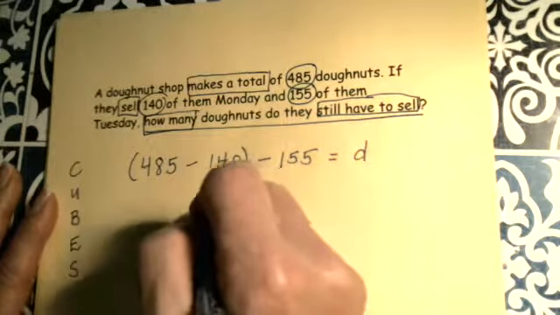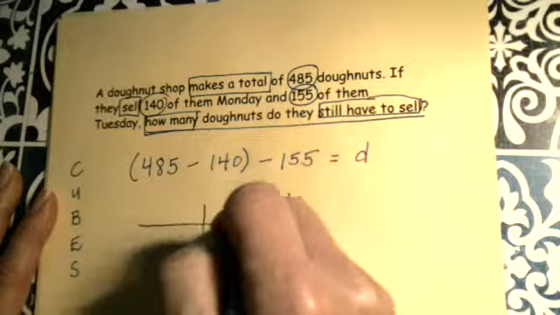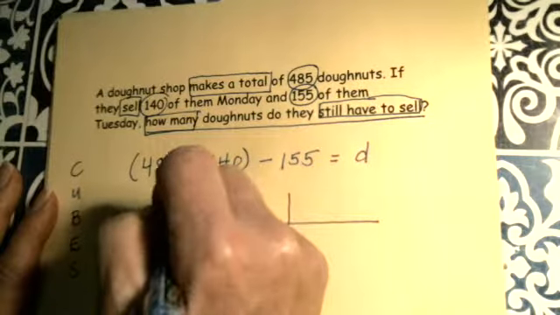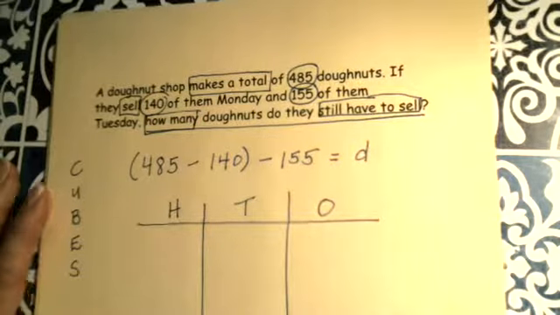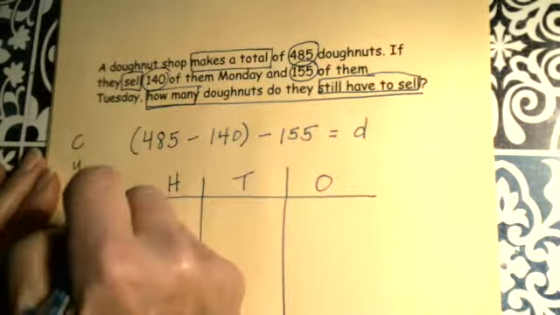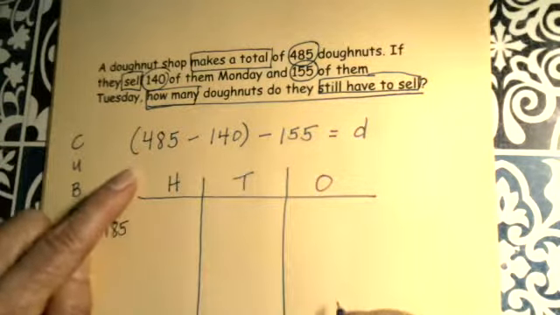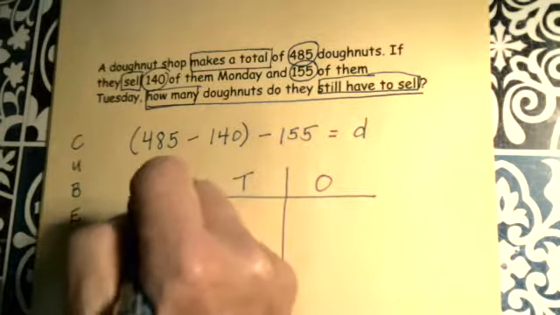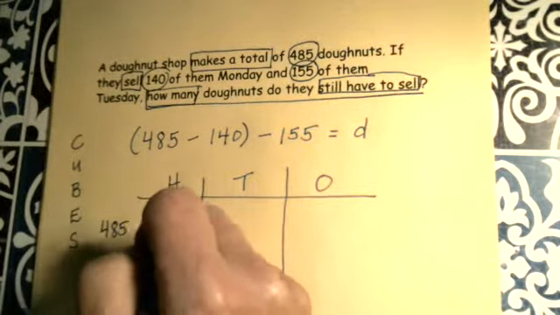I know one of the ways that we like is to do the place value chart. And I have hundreds, tens, ones. And I start with what I have, which is 485. I'm just going to write this on the side, 485. So in the hundreds, I always do little squares to represent the hundreds.